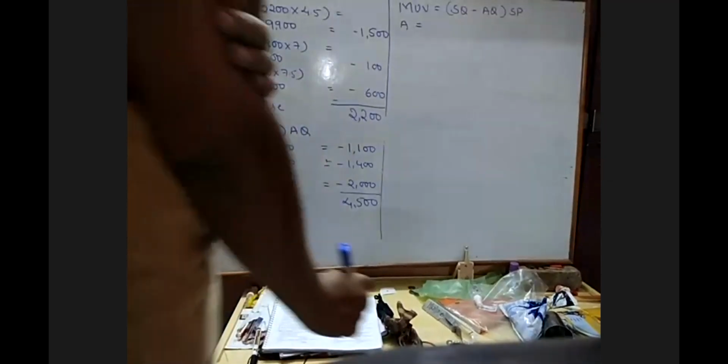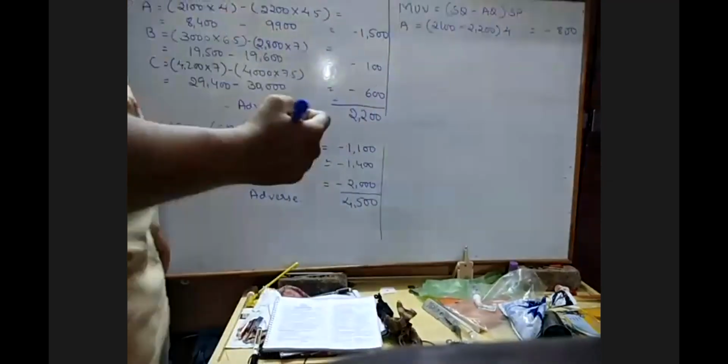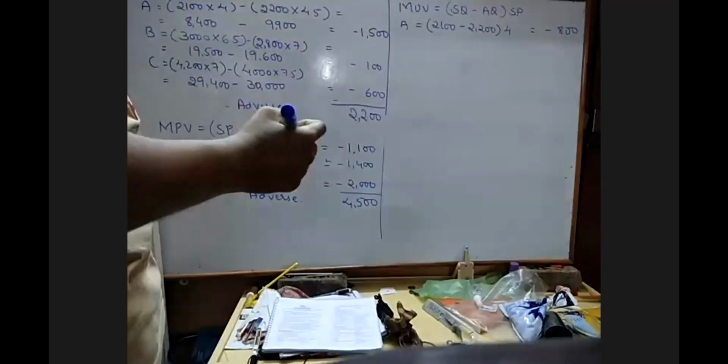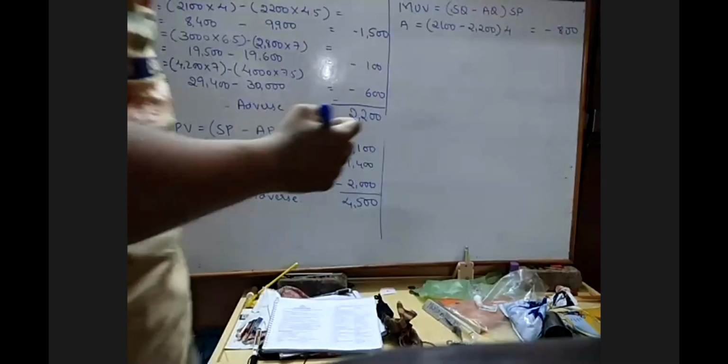The first one is A. A is equal to the standard quantity 2,100 minus 2,200 into 4. That gives us minus 400. Yes, sir, minus 400.